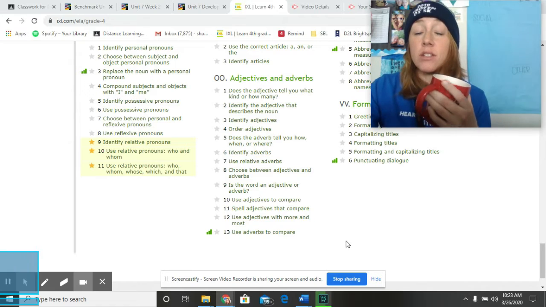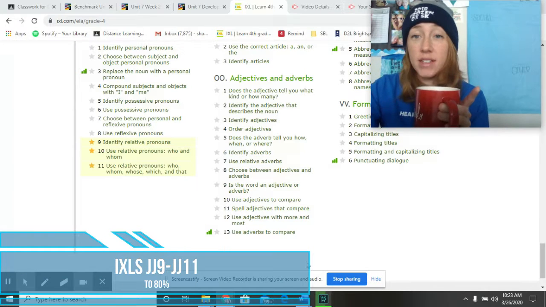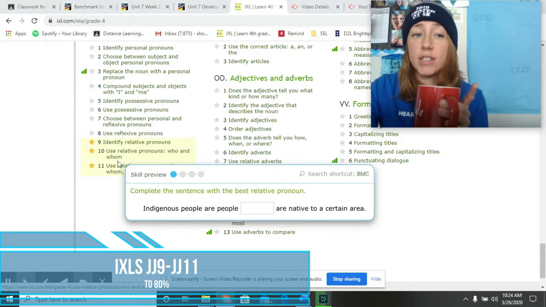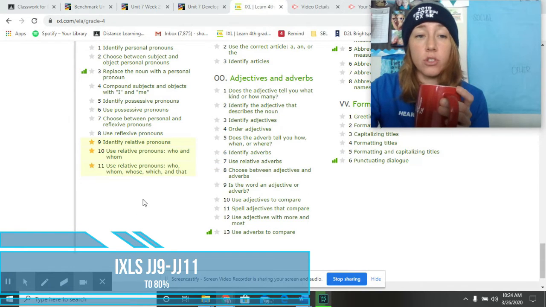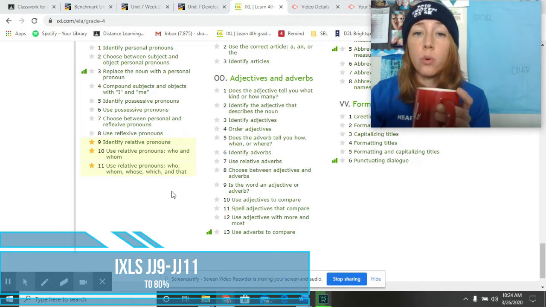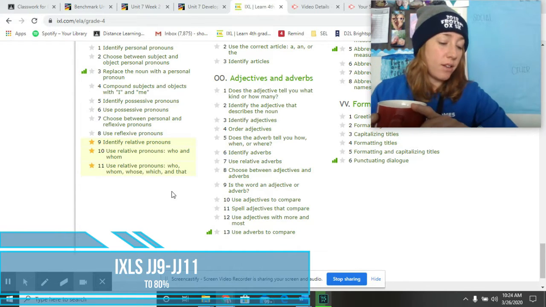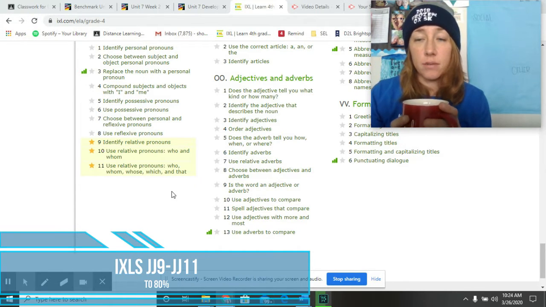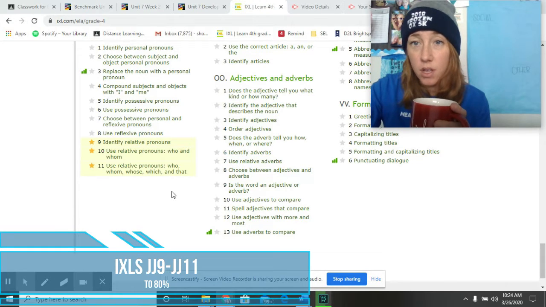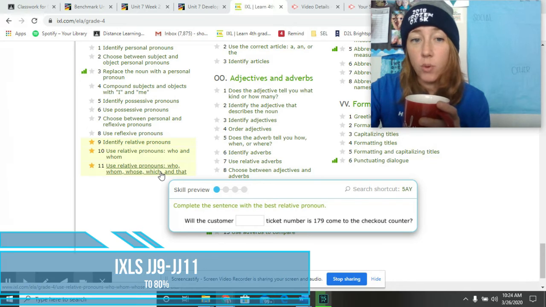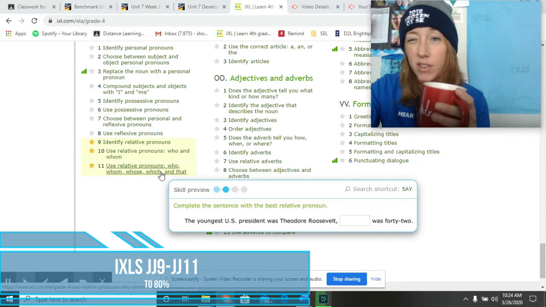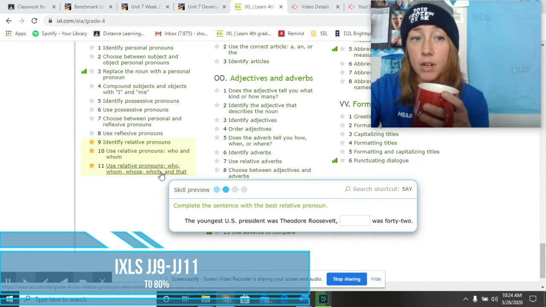I talked about the IXLs you're working on yesterday. You're still finishing J9, J10, J11. Just a quick review, that's who, whom, whose, which, and that. If you get confused, you can go to the preview one again, or if you get an answer wrong, you can go through and read the explanations.